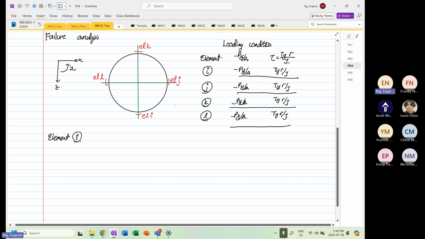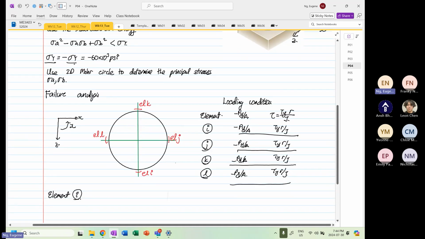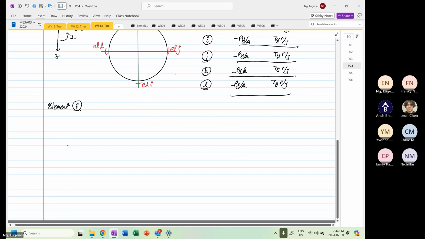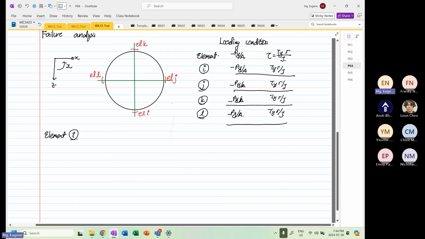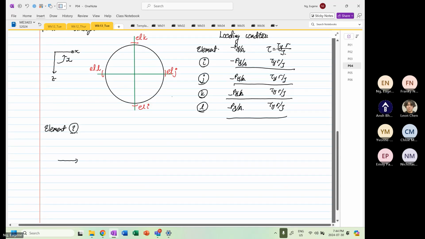So if I were to copy our transformation, element I, this is my X, Y, and Z. Element I looks something like that. We know element I has a normal stress in the Y direction.